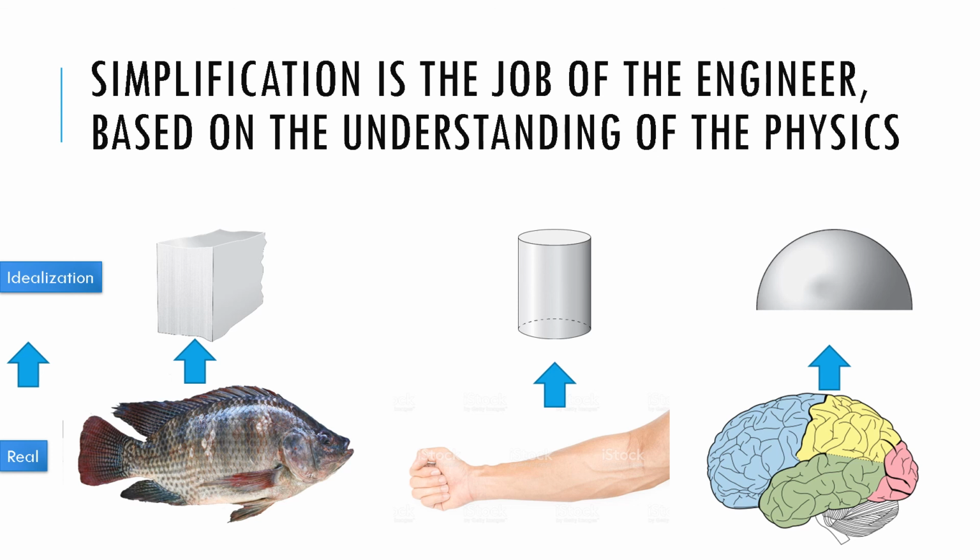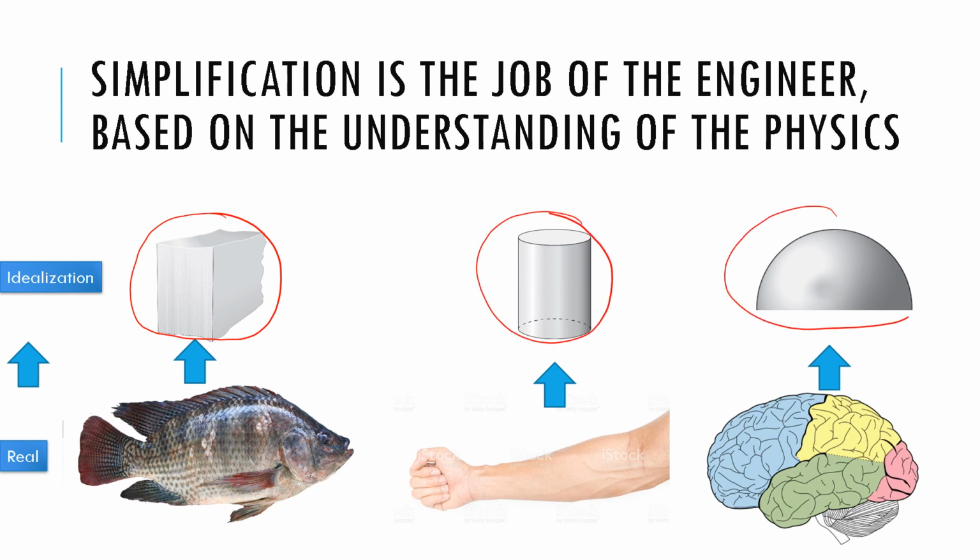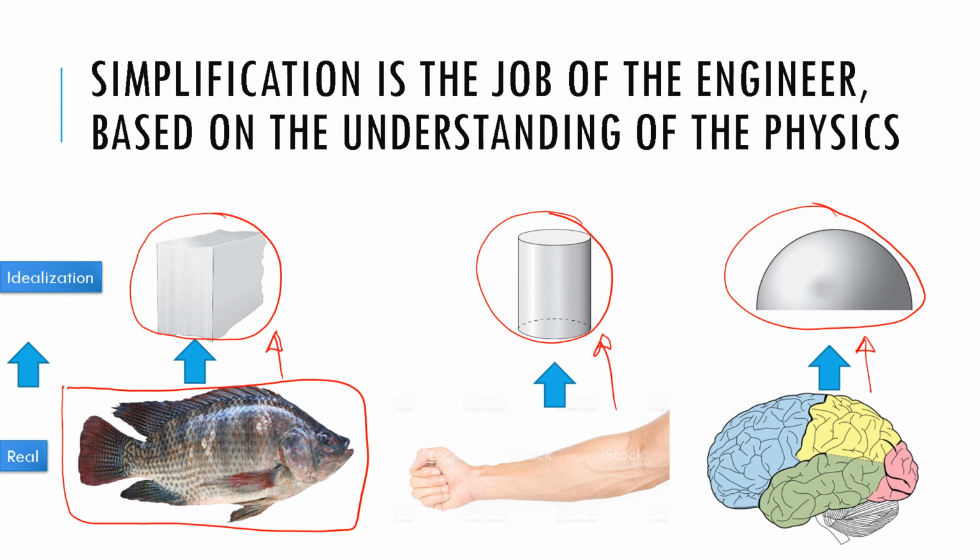So again, some general comments. We are going to do slab, cylinder, sphere. If we look around, nothing looks like a perfect slab, cylinder, or sphere. So these real world situations we're going to approximate as the slab, cylinder, or sphere, but this approximation requires intuition, understanding of the physics. When can we do this approximation and when can we not?